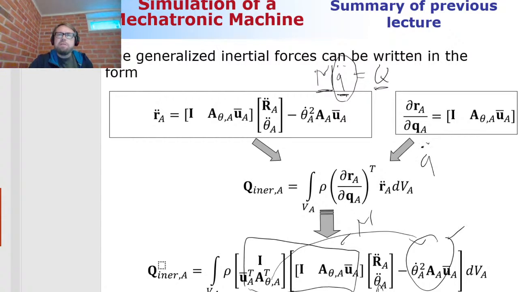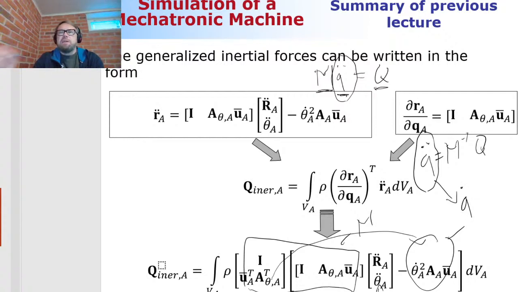Okay, so how can you do it? You invert the mass matrix and multiply that by the external applied forces. Now you have your expression of acceleration. Now using a numerical time integration scheme, you can solve for velocity from acceleration. And again, using that another time, you can get position.